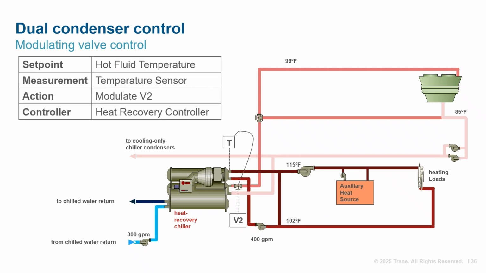Control is like what we saw in the last slide, but in this case, flow is not diverted to the tower. Take care to ensure the minimum flow rate through either the cooling tower or the cooling-only chiller condensers is maintained. The flow can be measured directly, or a differential pressure measurement across the condenser can be used as an analog. Now, one last configuration.